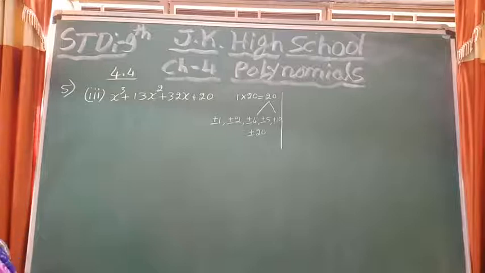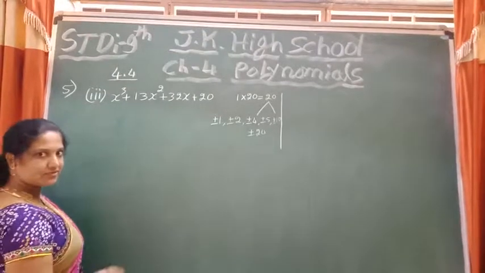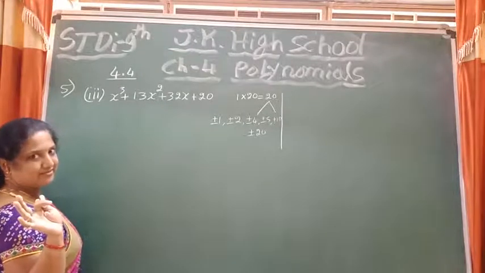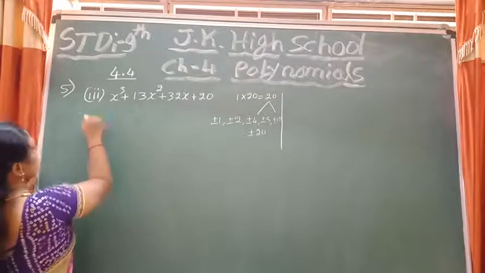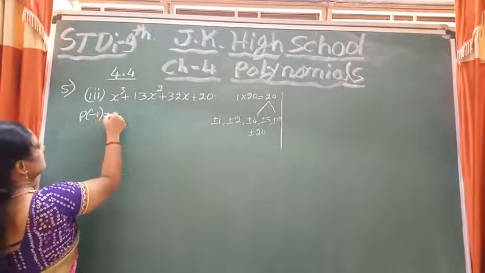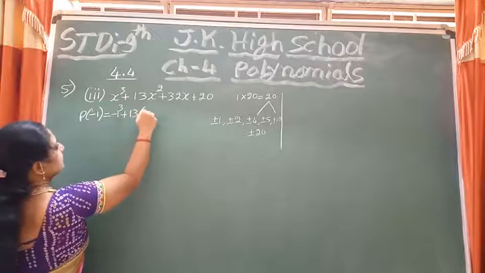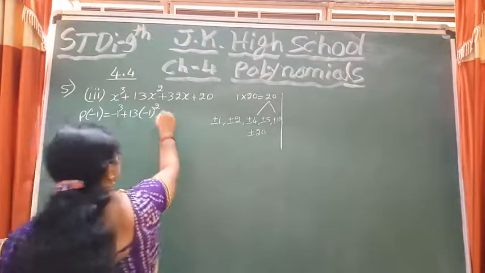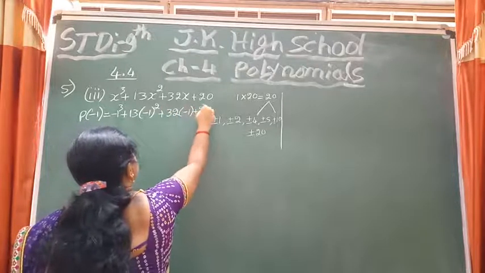See, in this polynomial all have plus sign, so if I substitute plus, then I am not going to get 0 as answer. So better I substitute minus 1. P of minus 1 is equal to minus 1 whole cube plus 13 into minus 1 whole square plus 32 into minus 1 plus 20.